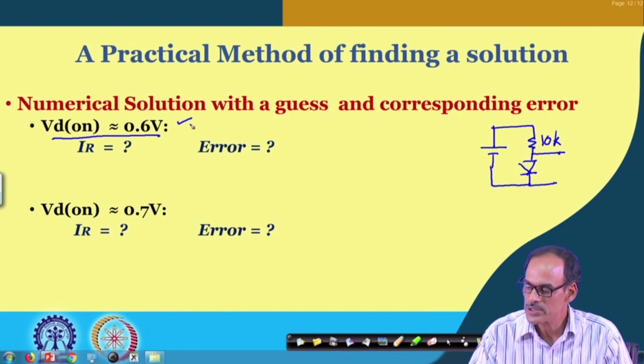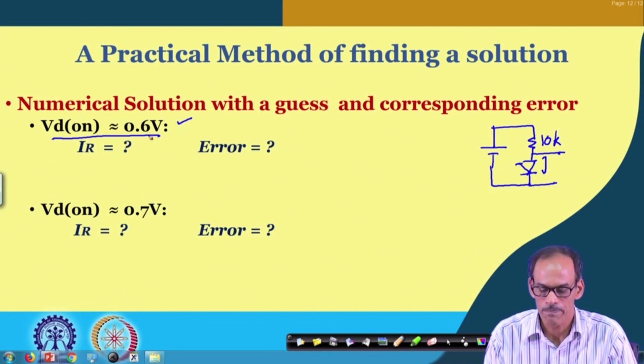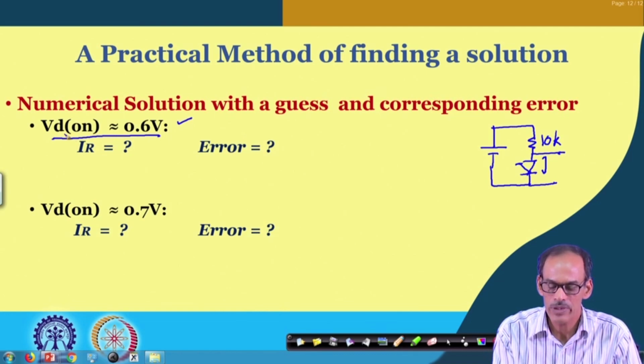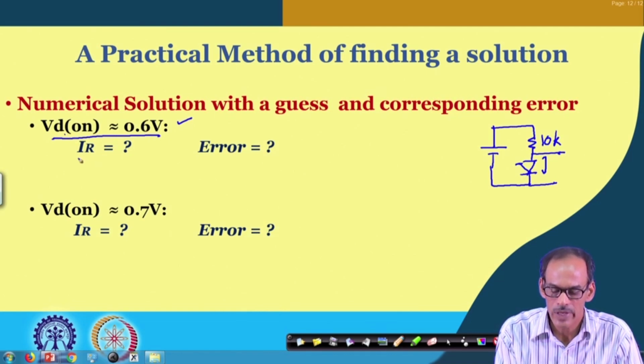Typically, we know that if it is a silicon diode and if the diode is on, the drop across this diode is roughly 0.6 volt. And with this guess, if I consider V_D equals 0.6, the value of this I_R you will be obtaining is (10 volt minus 0.6) divided by 10 k.